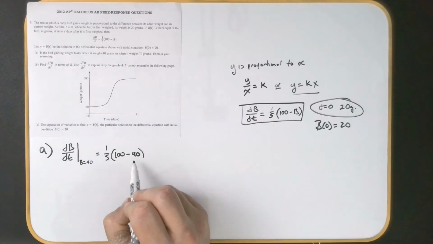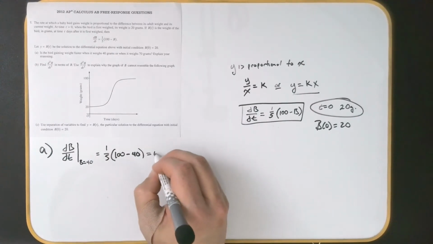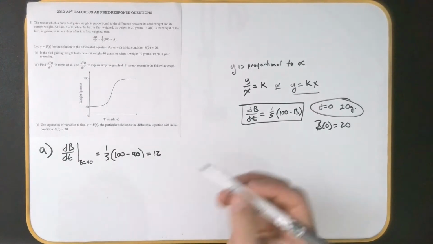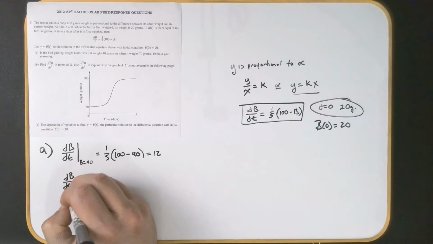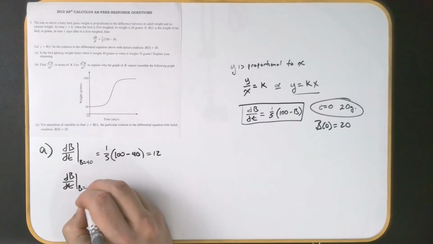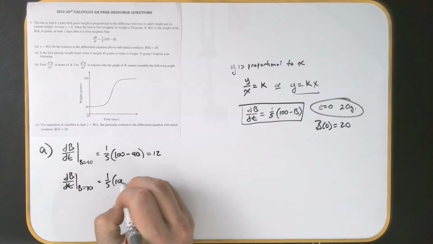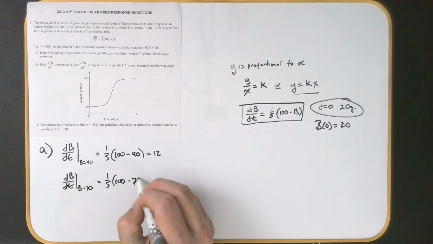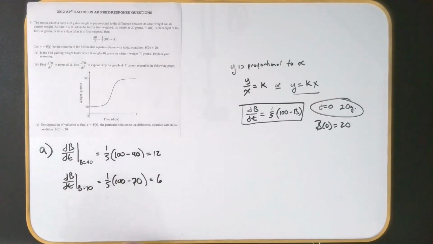Well, 100 minus 40 is 60. 60 over 5 is going to equal 12. Now let's compare it to when it is 70. Well, that's going to be 1/5 times 100 minus 70, which would be 30, and that would wind up being 6.